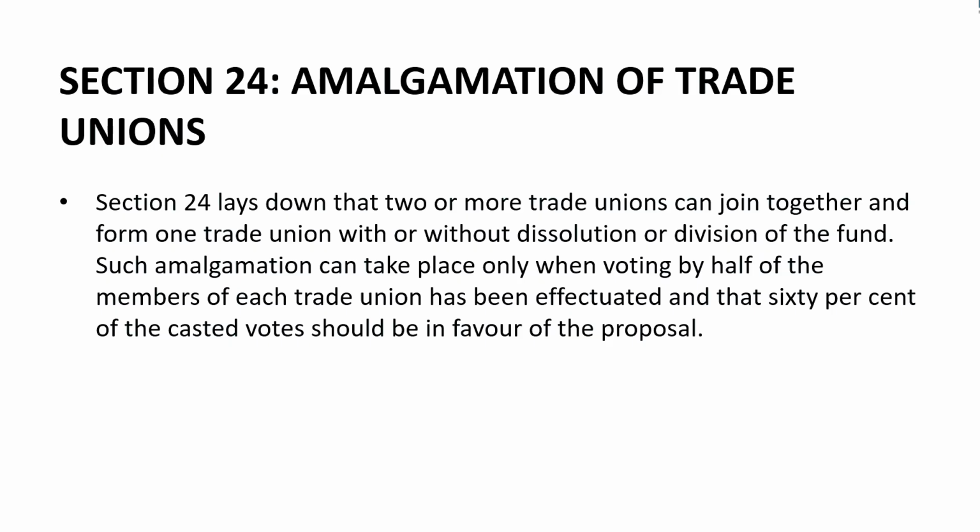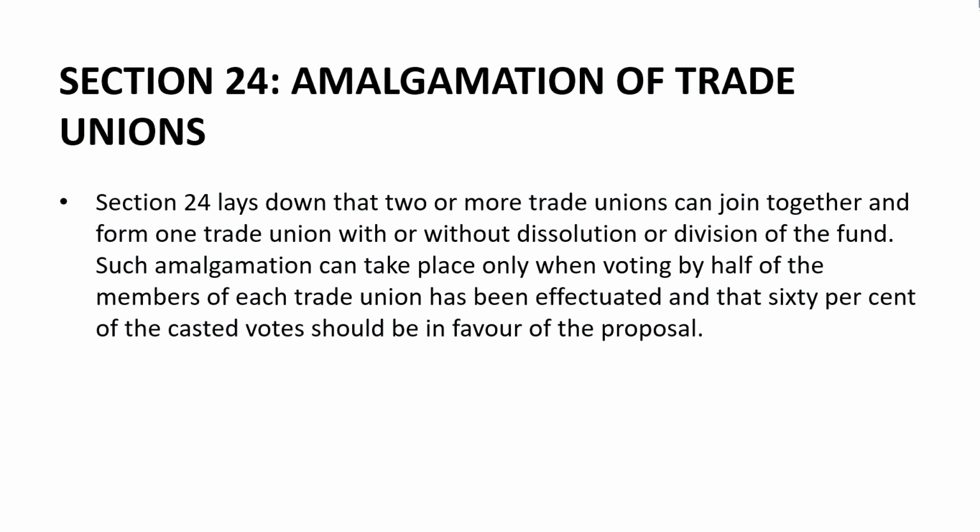Now we will take the next one. The question comes for the amalgamation of the trade union. Section 24 is very clear on this. It mentions that two or more trade unions can join together and form one trade union, with or without the dissolution of the fund of the trade union.